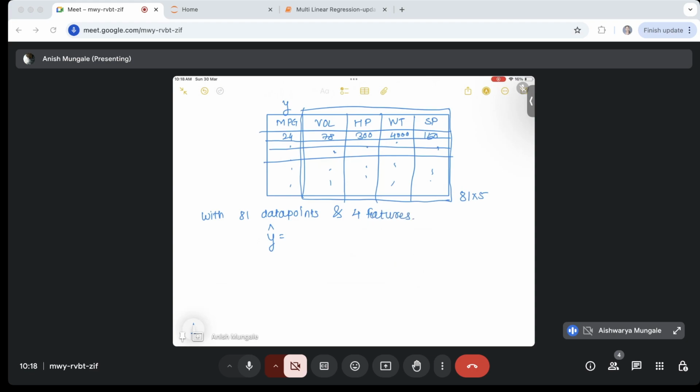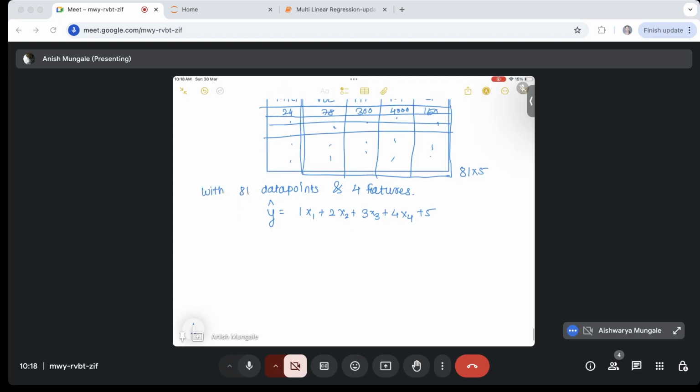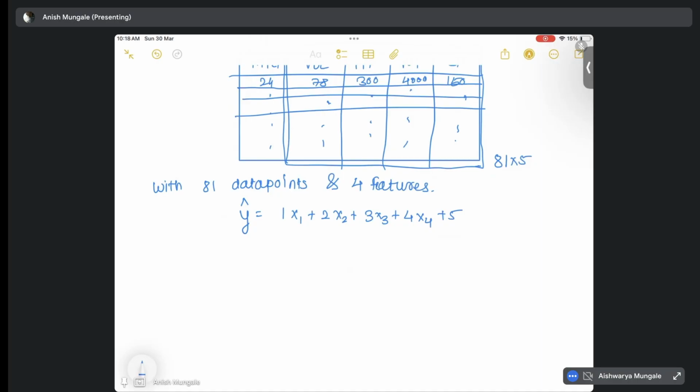Then let's say your y bar is β1x1 plus β2x2 plus β3x3 plus β4x4 plus β5. Let's say these are the values that you got after considering all 81 data points and 4 features. Any doubt till here?